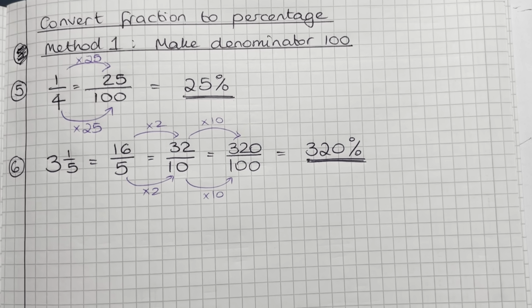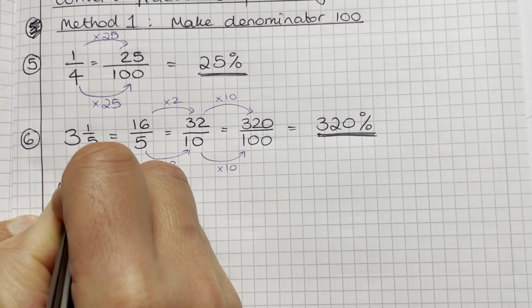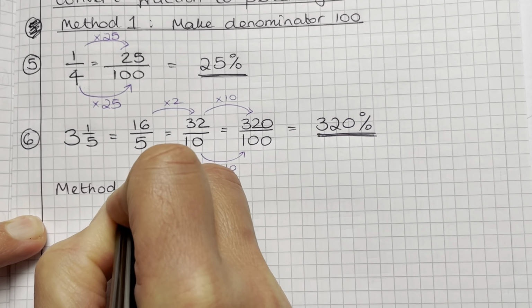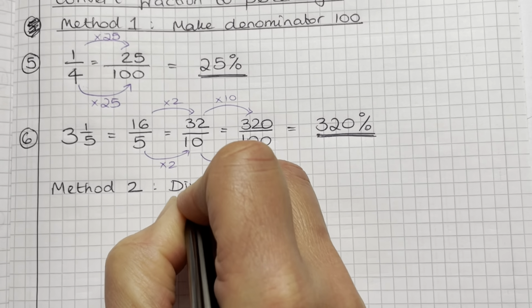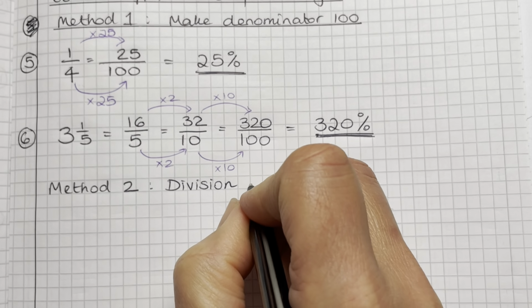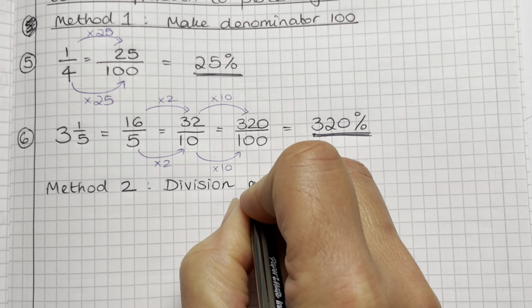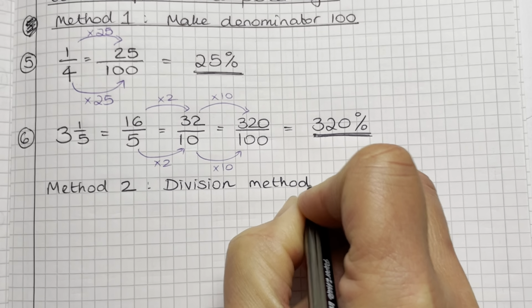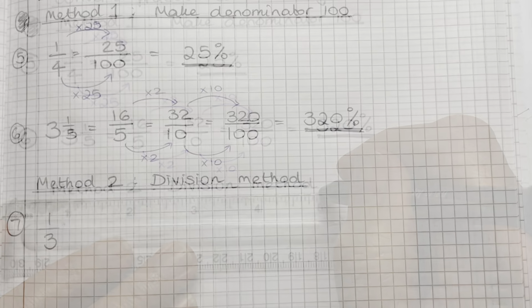I just want to show you one other way. I'm going to call this method 2, because we might find a situation where I can't convert my denominator into 100. So I'm going to call this the division method. And probably the simplest example I can think of with this one.